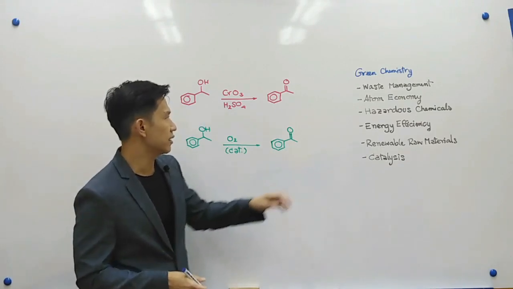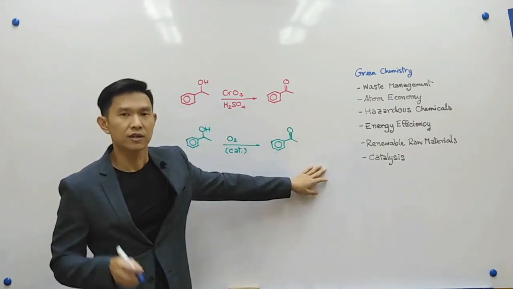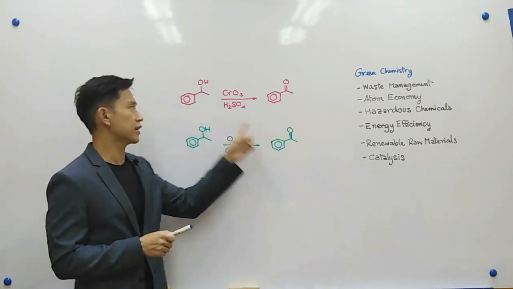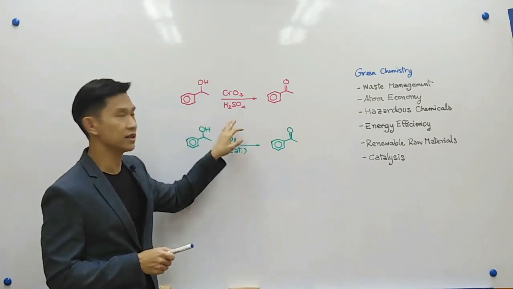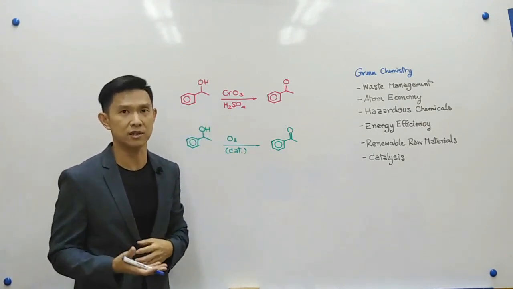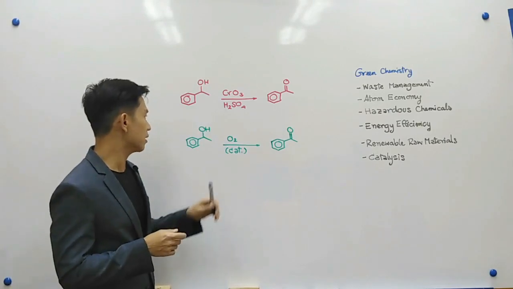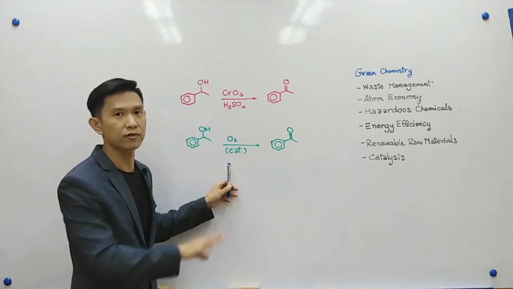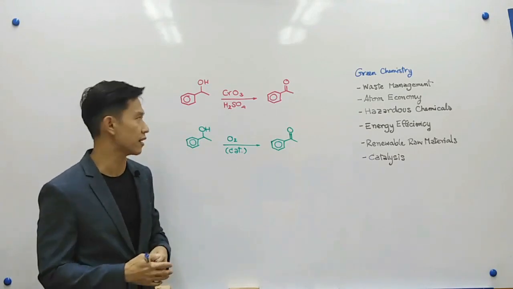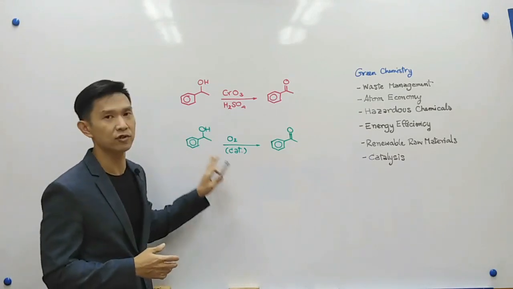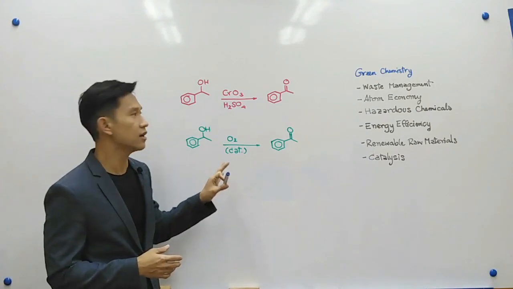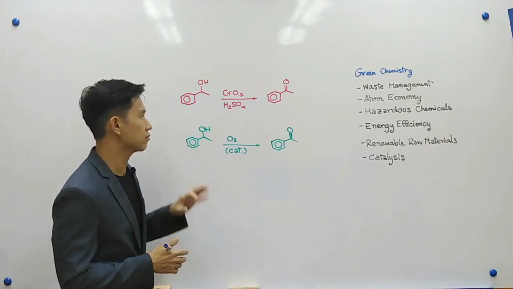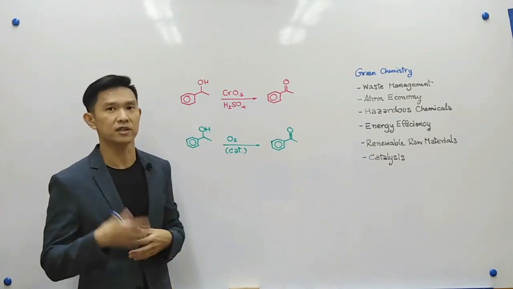What else? Energy efficiency as well. Normally an oxidation process like this needs some kind of heat. But if you have a proper catalyst that can speed up the reaction efficiently, you don't have to use much heat. Heating the reaction up requires energy, right?